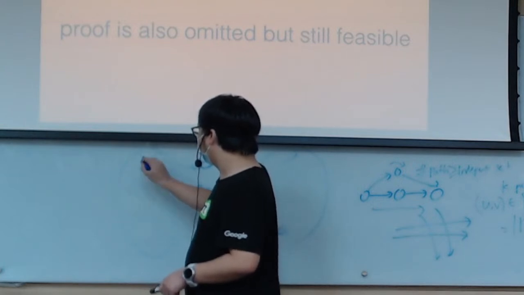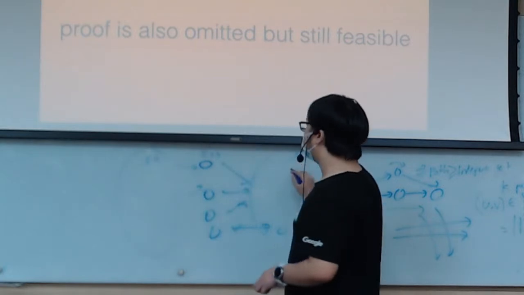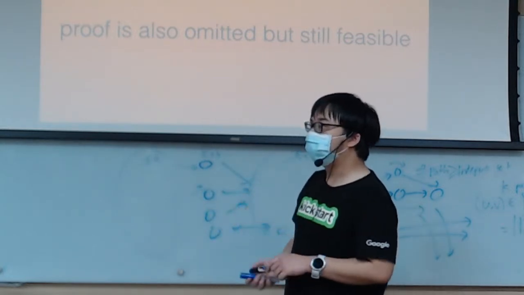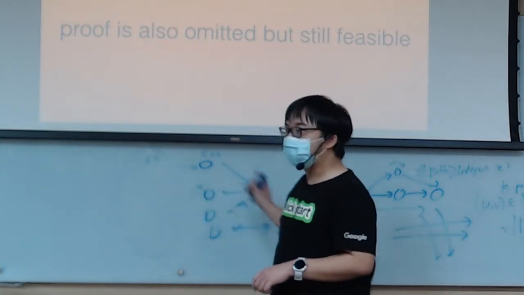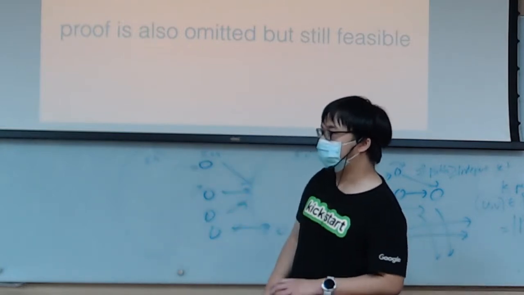We know that there are at most 4 paths here, and then we try to match the paths. Either we can match or this is not maximum, right?